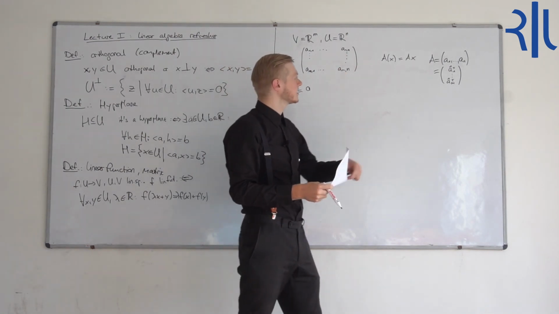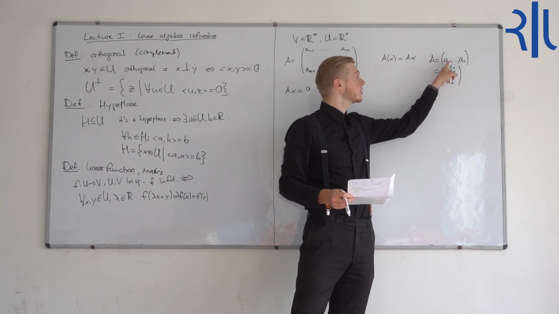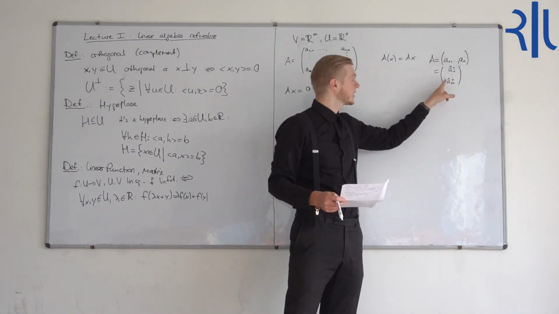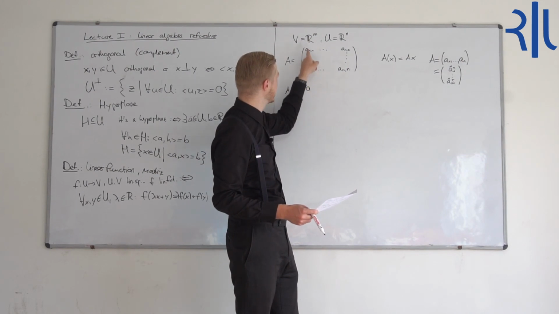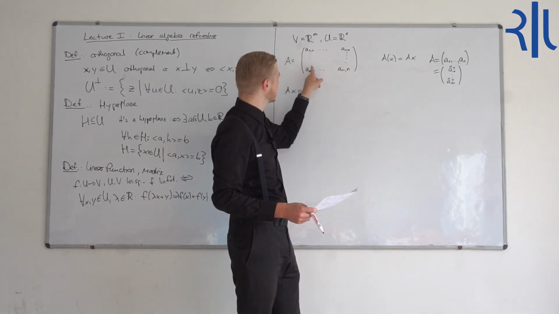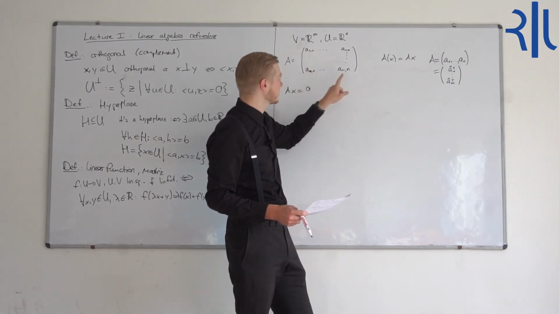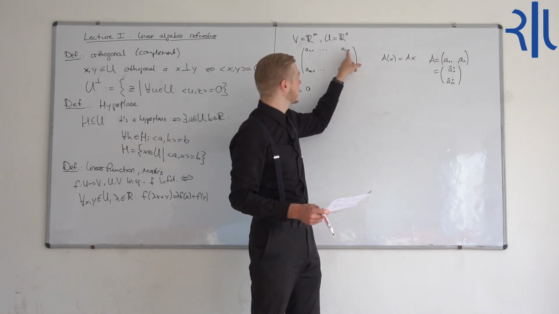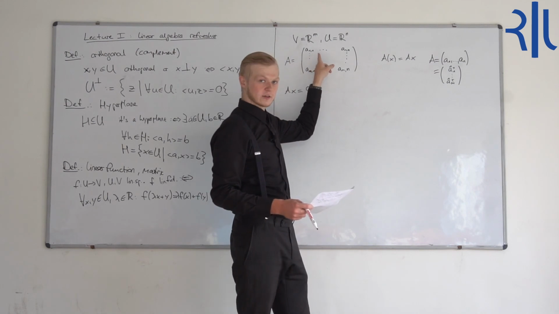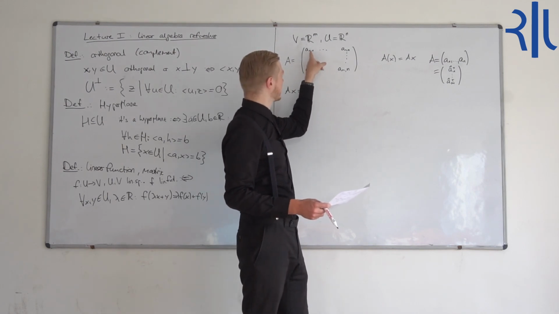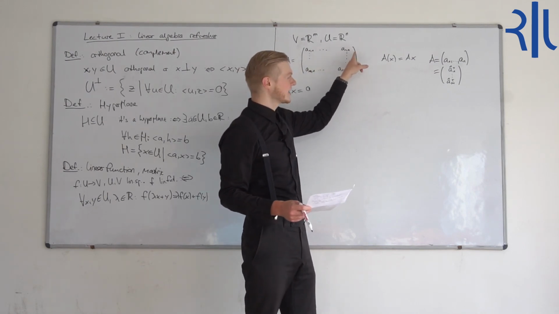We can write it also in terms of its column vectors, and we can write it in terms of its row vectors. So the first column vector would be A11 to Am1. The last column vector would be A1n to Amn. The first row vector would then be A11 to A1n, and so on.